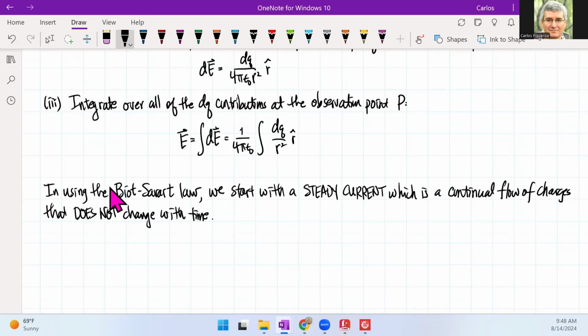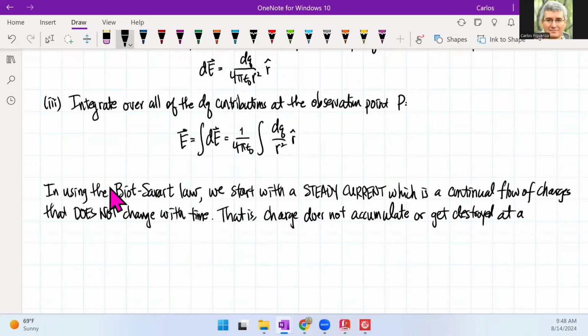And what that really means is that charge does not accumulate or get destroyed at any one point.